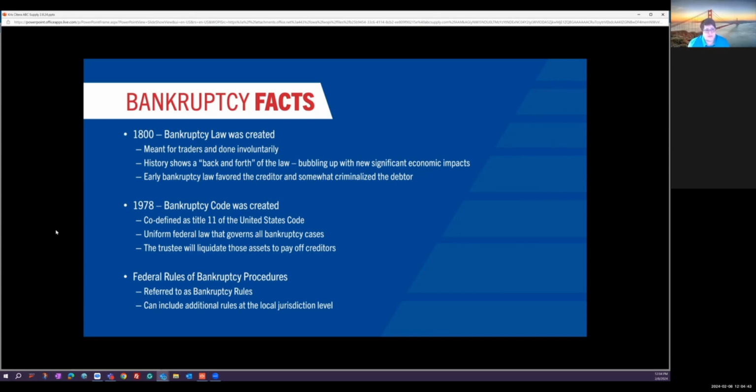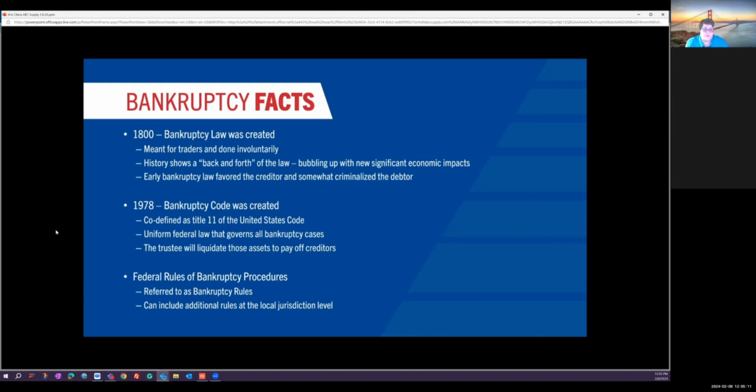Why that's a pinpoint is it was the inception of a federal approach to bankruptcy law, codified as Title 11 of the United States Code, a uniform federal law that governs all bankruptcy cases. In that, the trustee will liquidate assets to pay off creditors. It created an organized approach to this sector of the business.